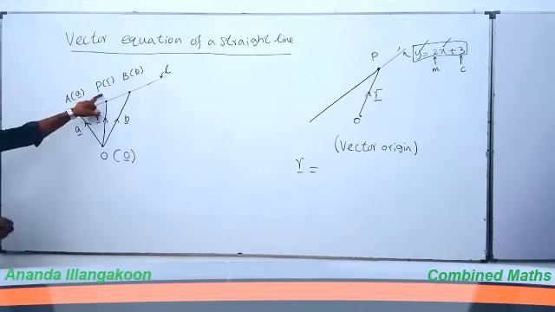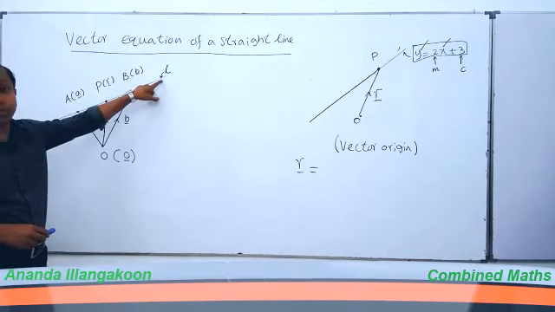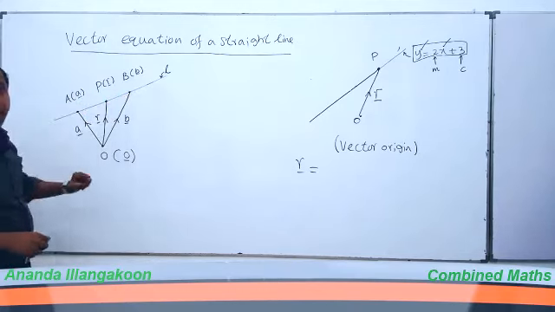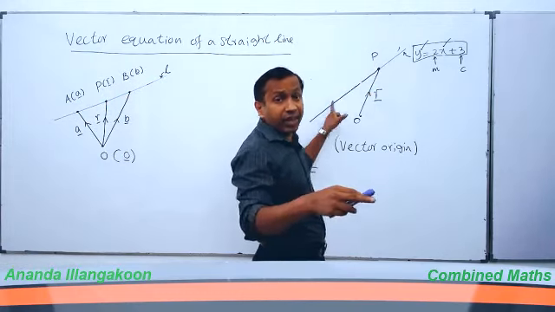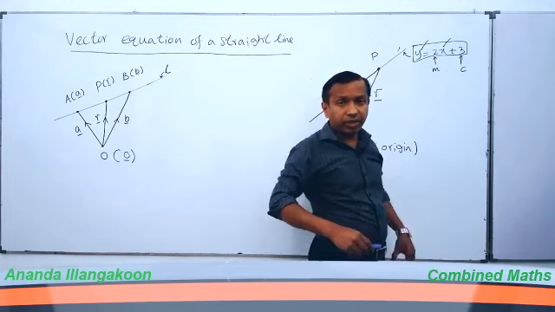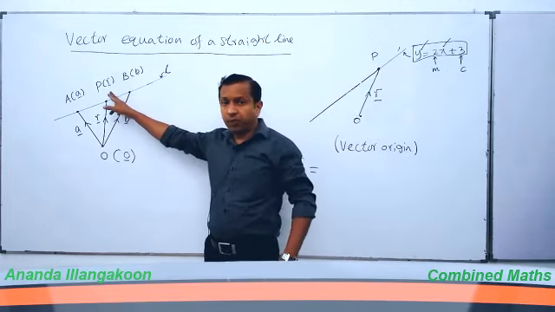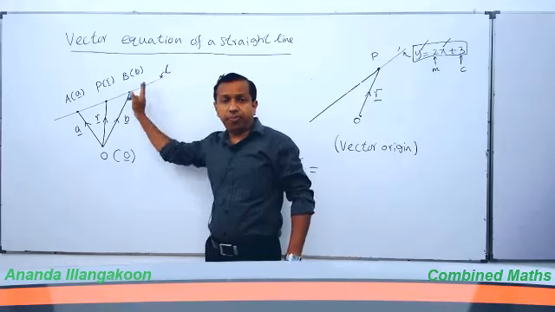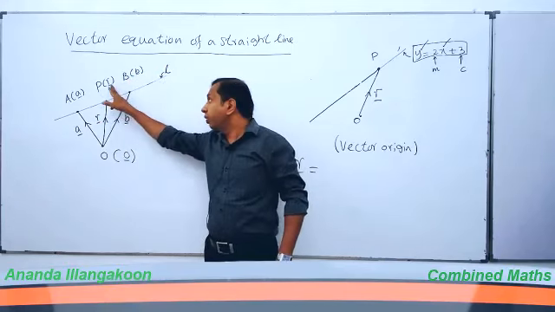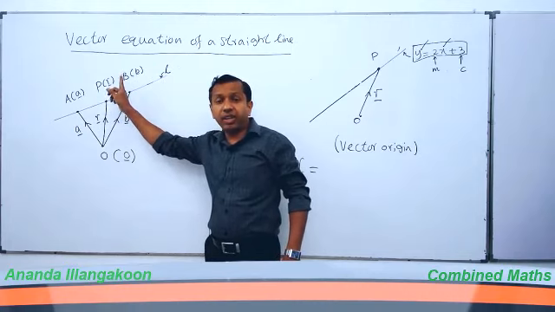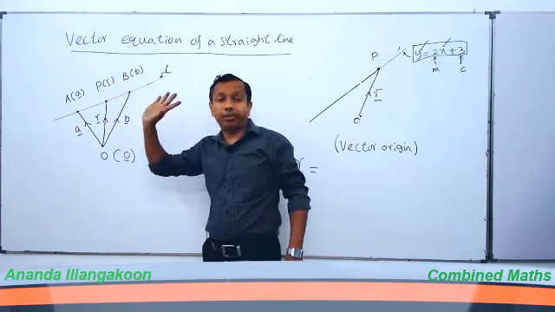This point P can be any location on the line. Like here, the point P with coordinates x and y can be any location on the line. Like that, this P can also be any place on the line. So this r is a position vector that can vary. It varies once the point P varies here and there on the line.